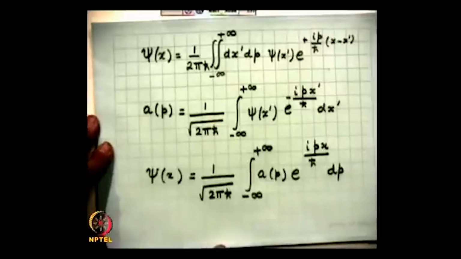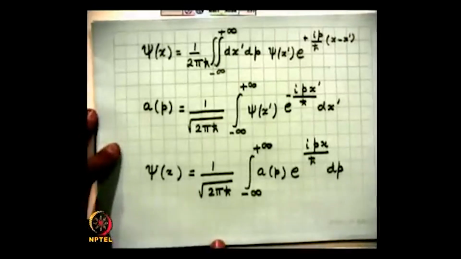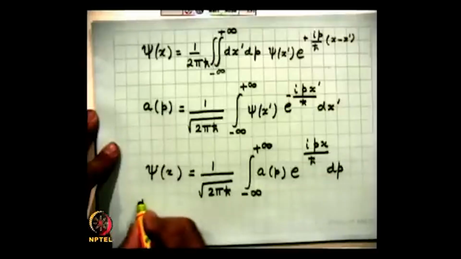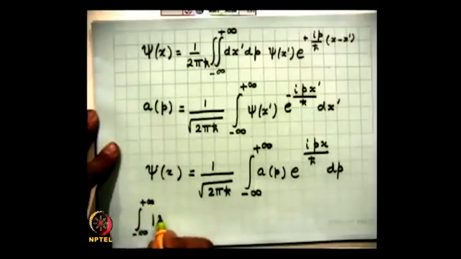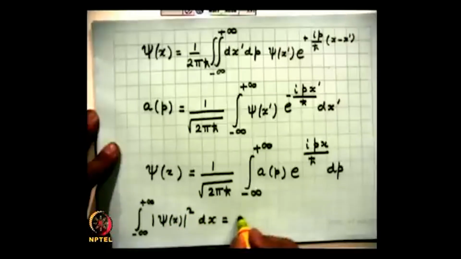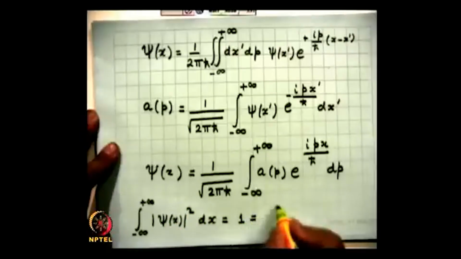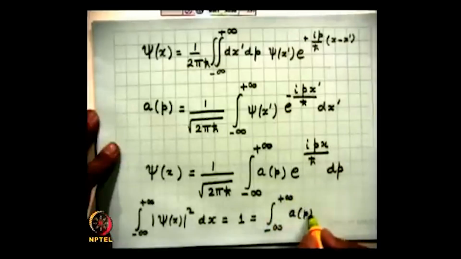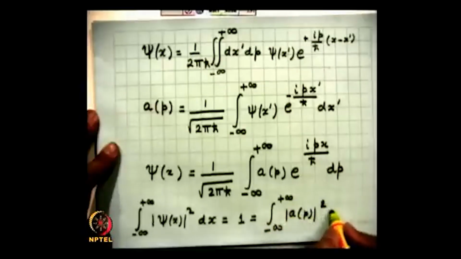We had proved Parseval's theorem, and similarly we can prove here that the integral from minus infinity to plus infinity of mod psi of x square dx is equal to, if this is normalized, then a of p is also normalized, integral mod a of p whole square dp.